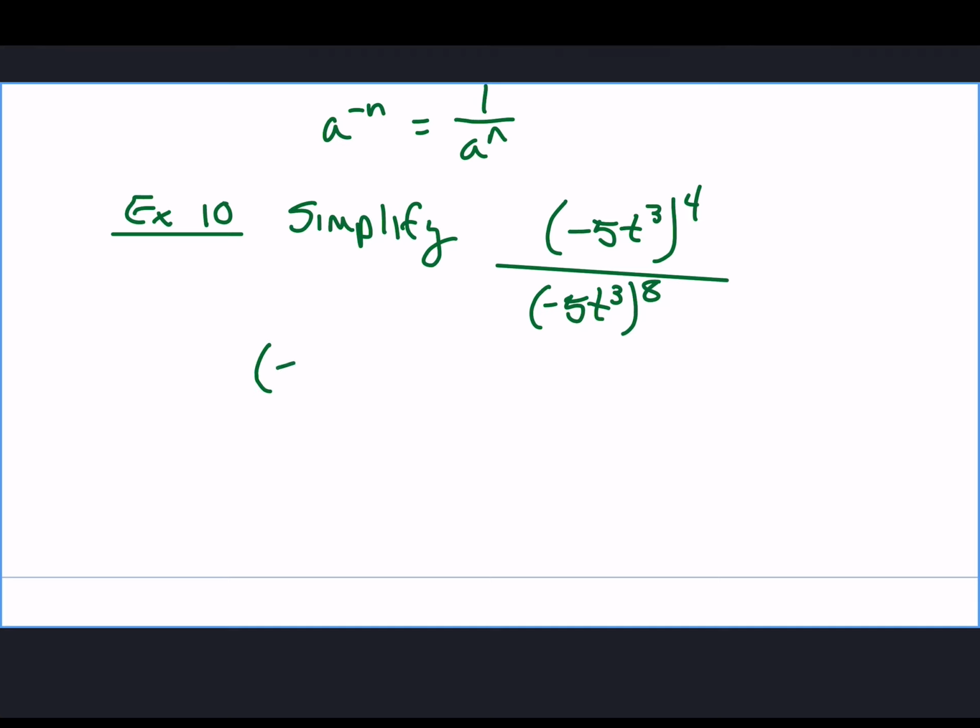So it doesn't matter what it is. It's negative 5t to the third. We're just going to leave that. It's just stuff. It doesn't really matter. It could be anything except 0. And it's to the 4 minus 8.